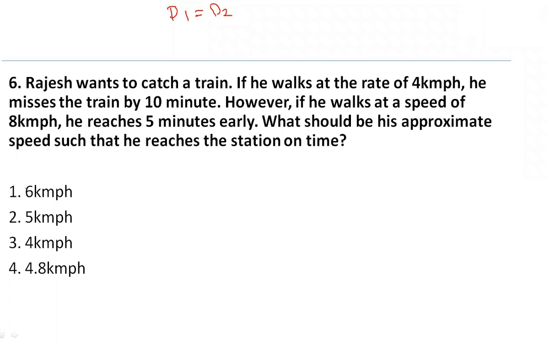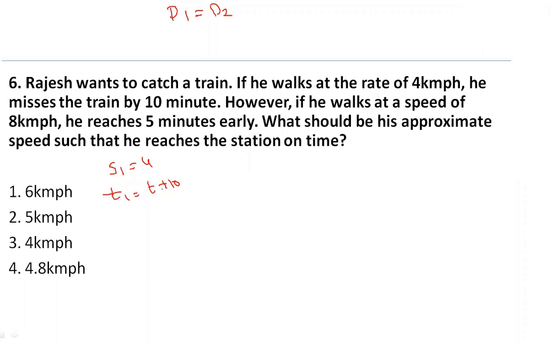So in case 1, speed is equal to 4 km per hour, and time, Rajesh misses the train by 10 minutes. If he was early, he would not miss the train, right? As he was late only, he was missing the train. So T plus 10. Try to understand this.